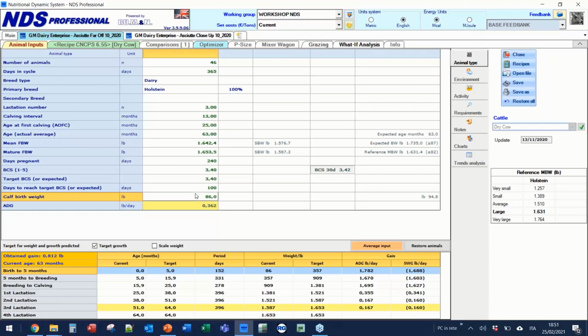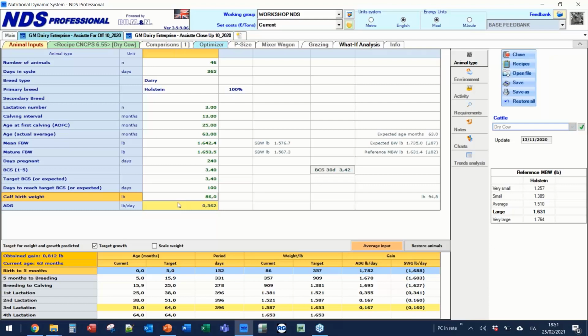And in the far off, we also consider the average daily gain based on the target growth system. This average daily gain is in addition to the gain generated by conceptus, and it happens when our cows haven't reached maturity.